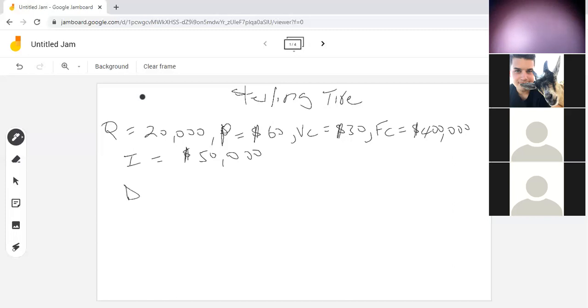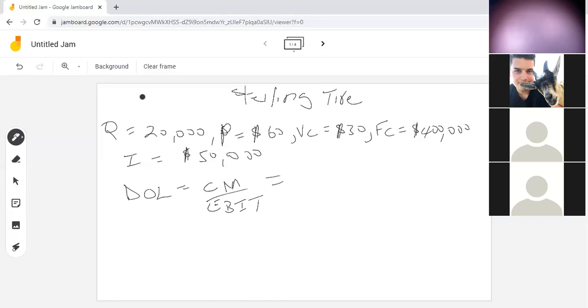So the degree of operating leverage is equal to contribution margin over earnings before interest and taxes. Our contribution margin is the amount we get from our income statement, not per unit, because we're dealing with earnings before interest and taxes.